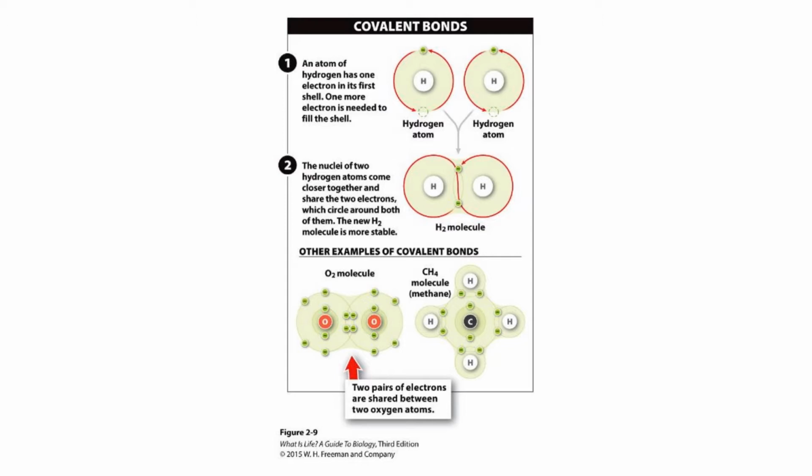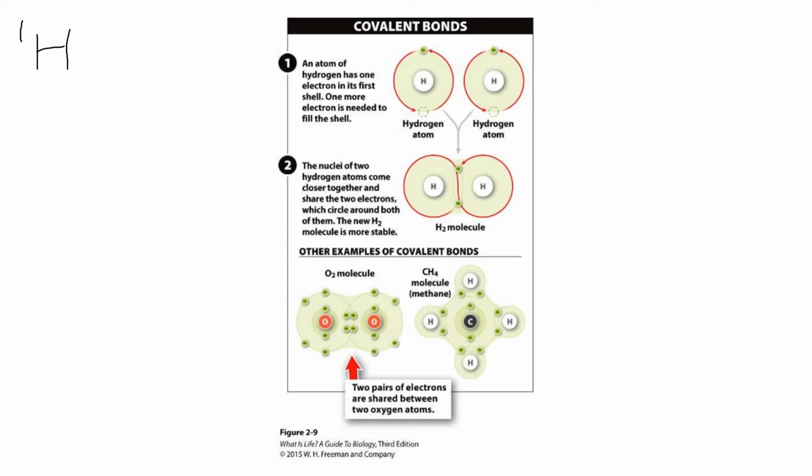If you have the periodic table in front of you, you would see that hydrogen has an atomic number of 1. As we talked about previously, the atomic number tells you how many electrons hydrogen is carrying.